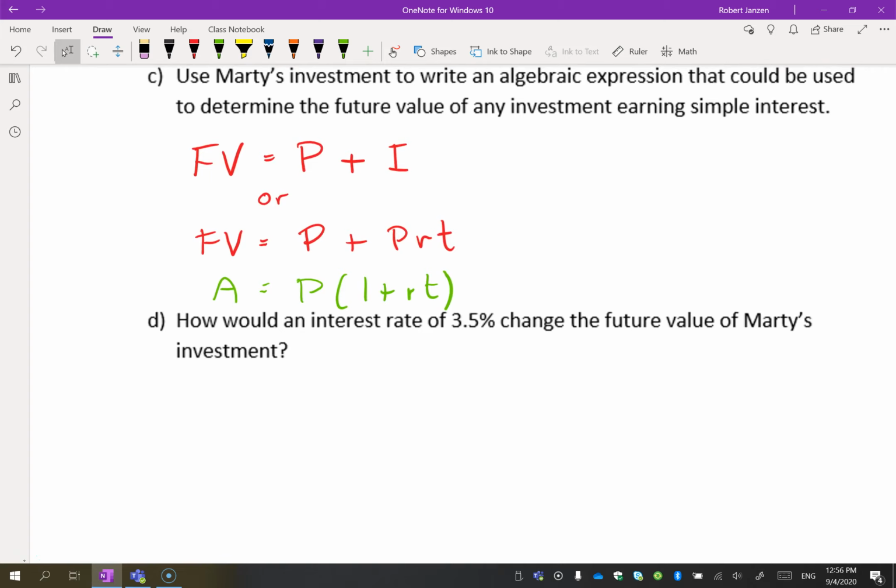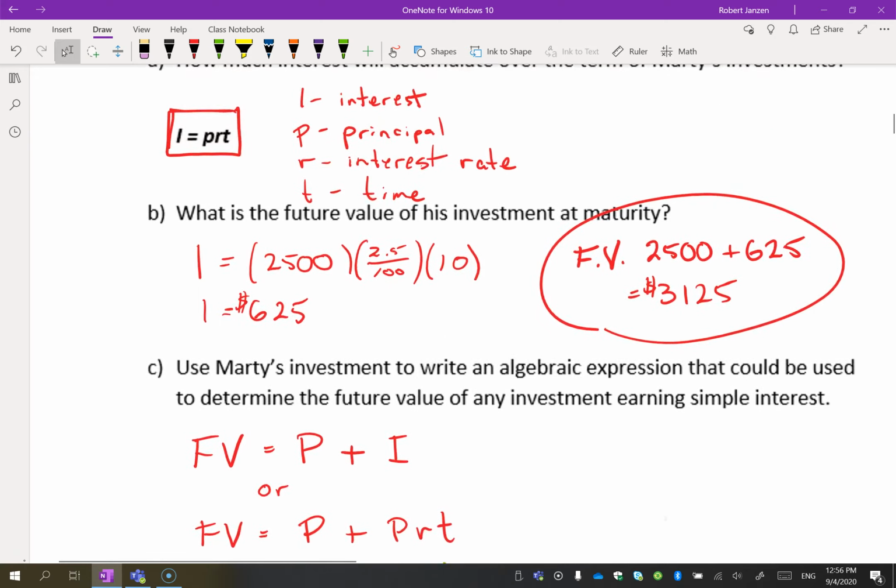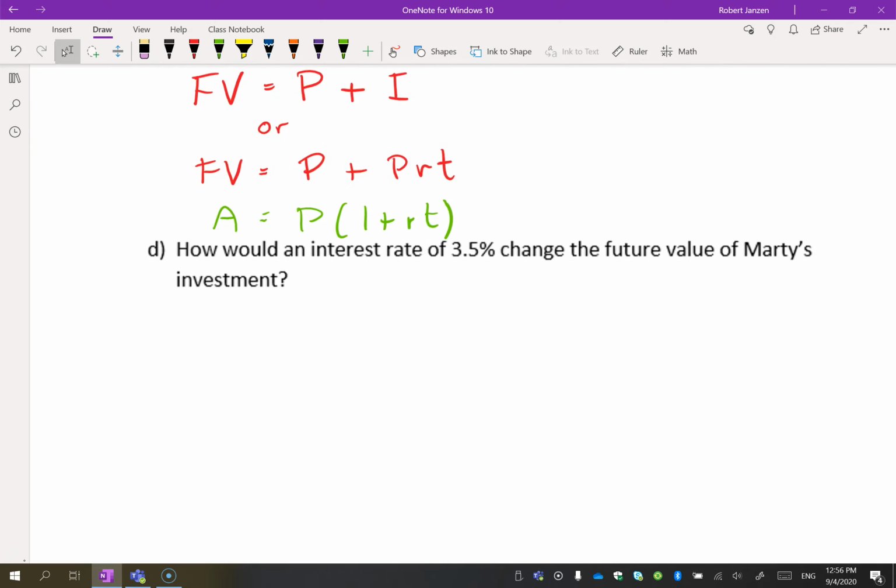Okay, how would an interest rate of 3.5% change the future value of the investment? What do you think is going to happen if the interest rate was 3.5 instead of 2.5? Well, let's see how much the interest would be. We would still have the same amount of money, $2,500, but now we would have 3.5 over 100 times 10. And this would give us $875.